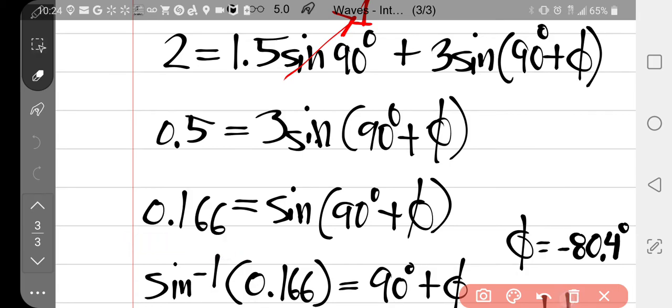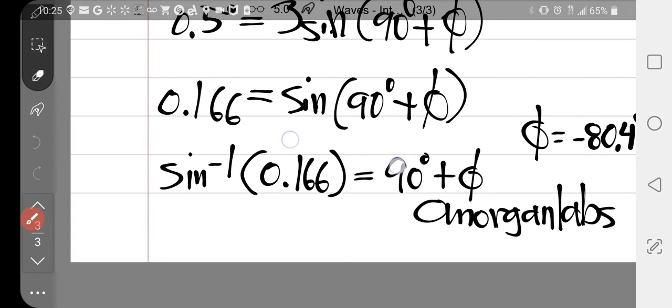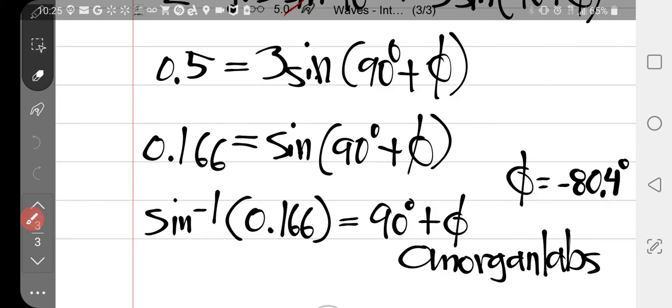To reverse your sine, all you have to do is arc sine. Make sure your calculator is in degrees.